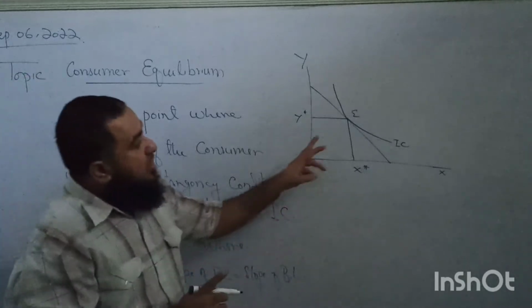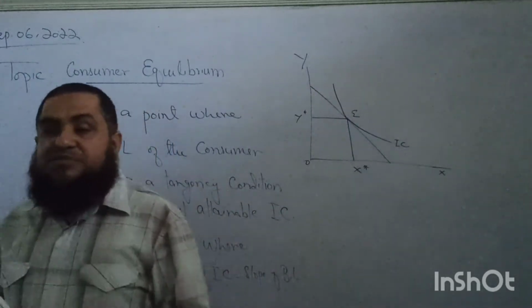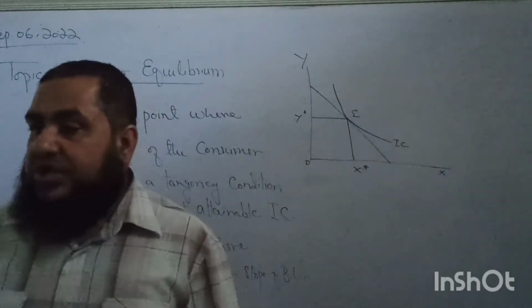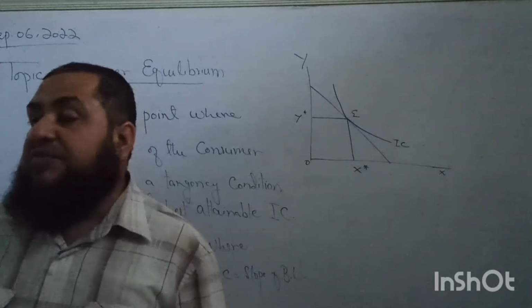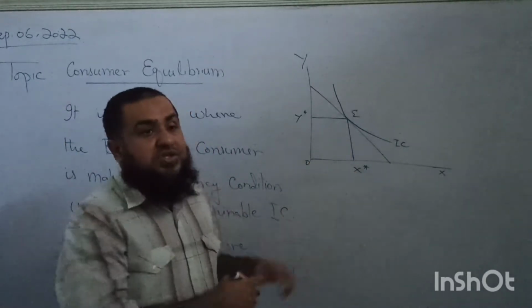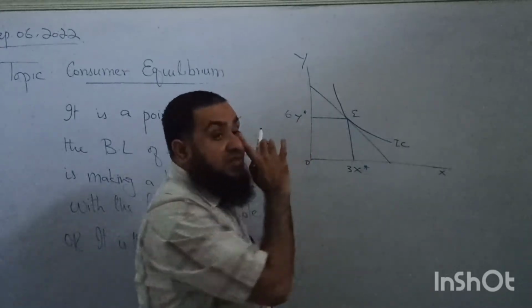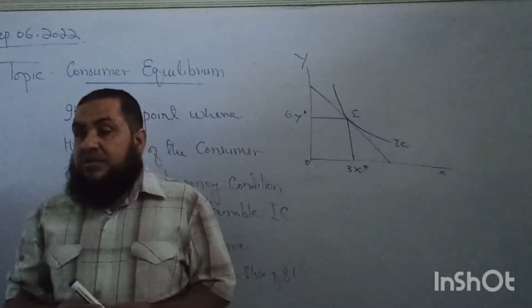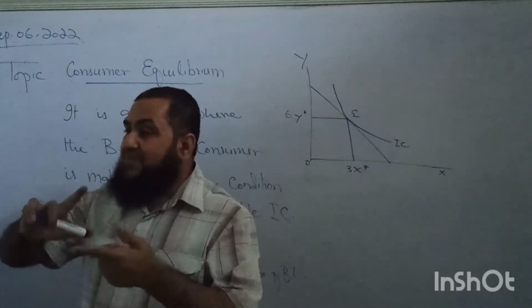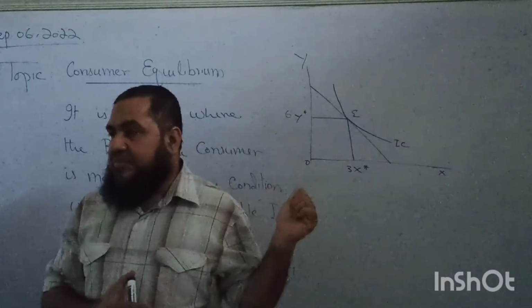Now first of all, at this point, the budget line is making a tangency condition with the highest attainable indifference curve. Okay, this single bundle, where the quantity can be say 3 units of X and 6 units of Y, is lying on both the budget line and the indifference curve. This is the attainable point.